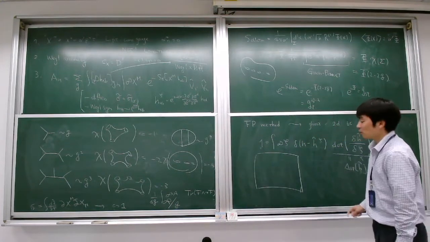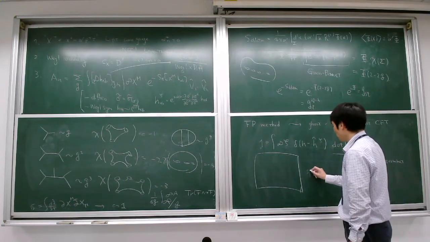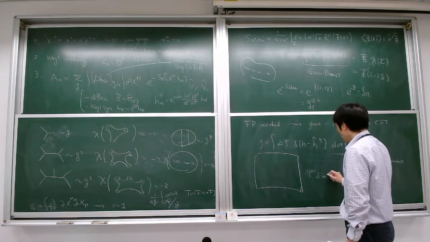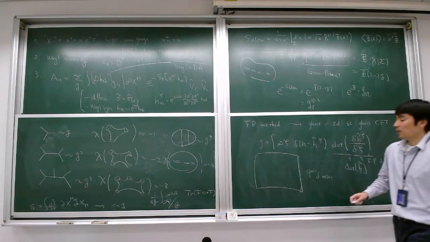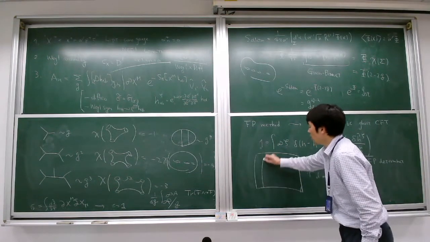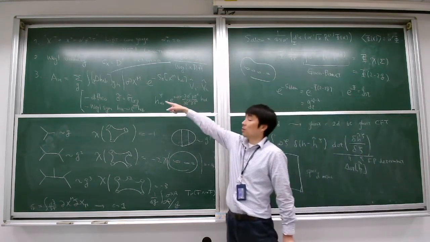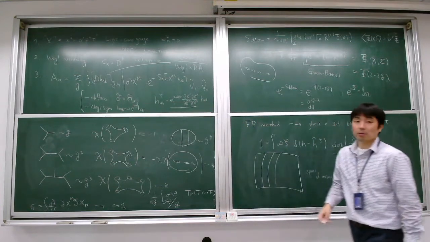This is the space of all metrics, an infinite dimensional space. But there is some orbit generated by the symmetry of diffeomorphism and Weyl symmetry, characterized by this transformation.